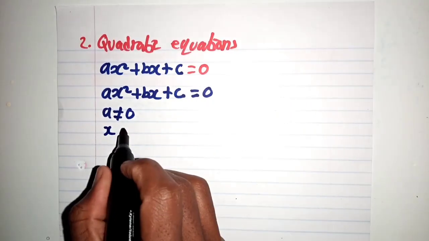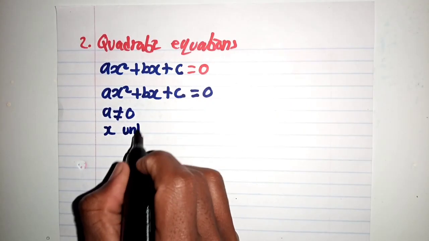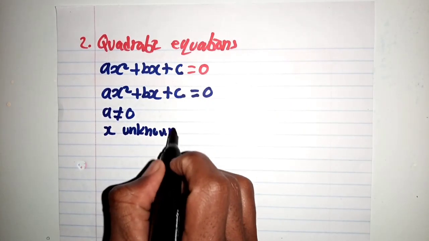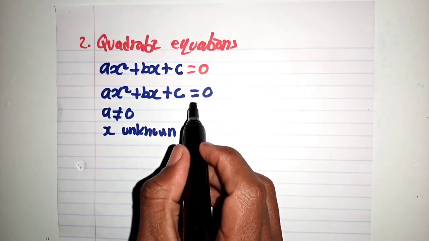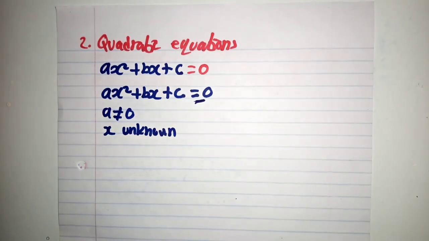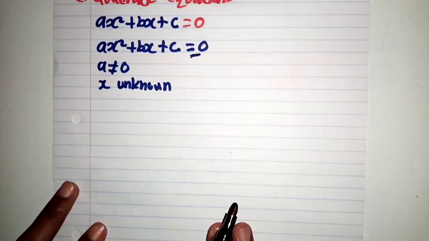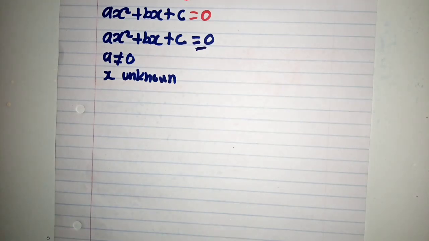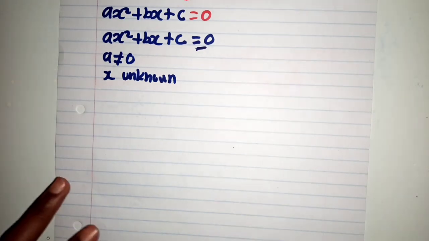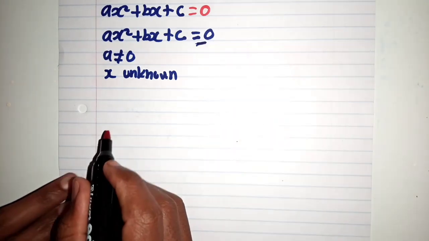X is unknown. Because of this that we have introduced, it means that a quadratic equation can always be solved. And we are going to have an example that we will try and see how we can solve.